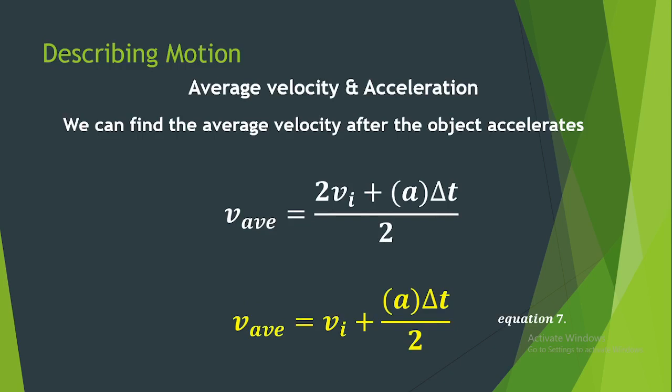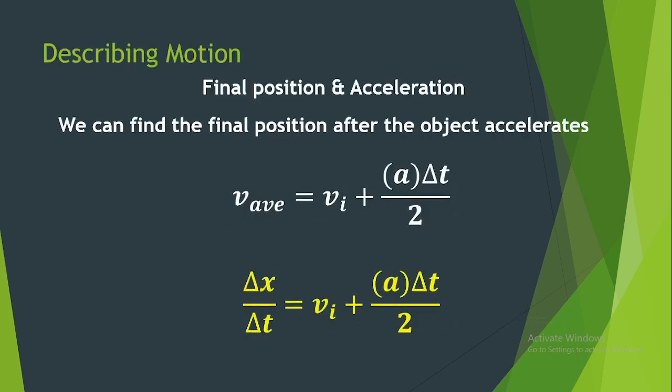Equation 7 can be equated to equation 2 to find the final position of the object after it experienced acceleration. We have delta x over delta t is equal to v sub i plus the quantity of a times delta t over 2.